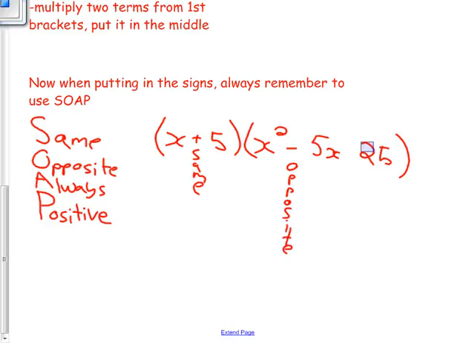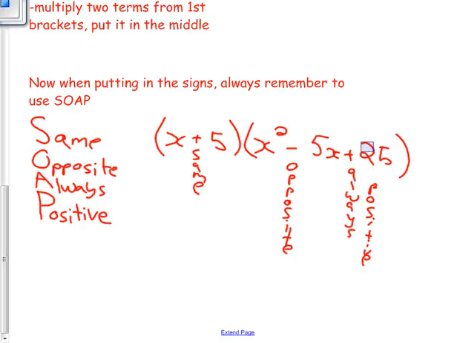And our last sign is always positive, a plus no matter what. So x plus 5 times x squared minus 5x plus 25 is our answer. Now we've factored x cubed plus 125.